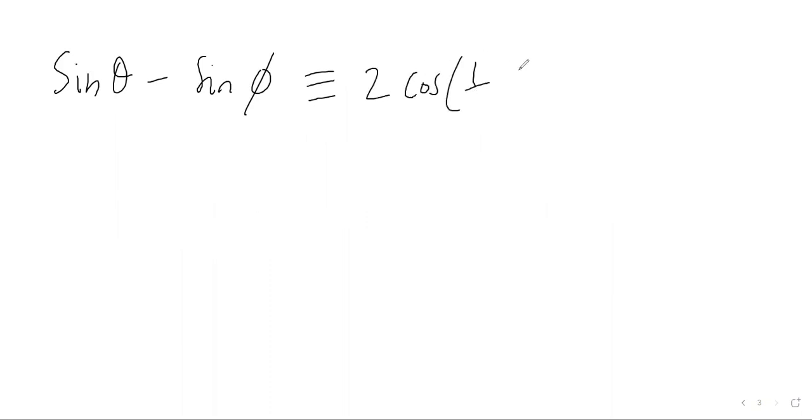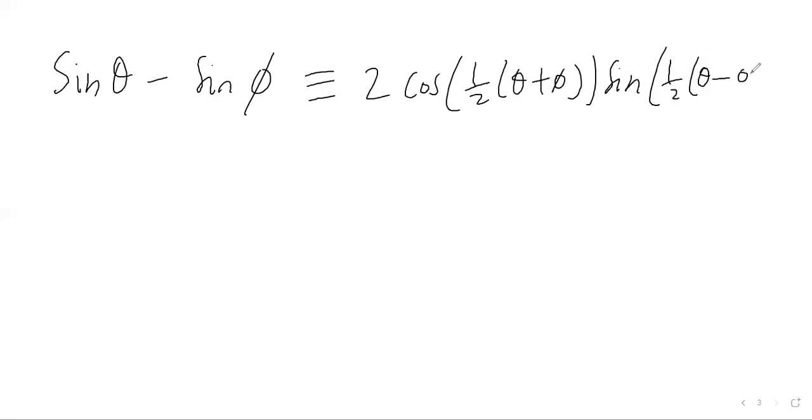So sine theta subtract sine phi is identical to 2 cos of a half theta plus phi multiplied by sine of a half theta subtract phi. So I'm not going to prove this identity in this video, but this is the identity that we're going to need.